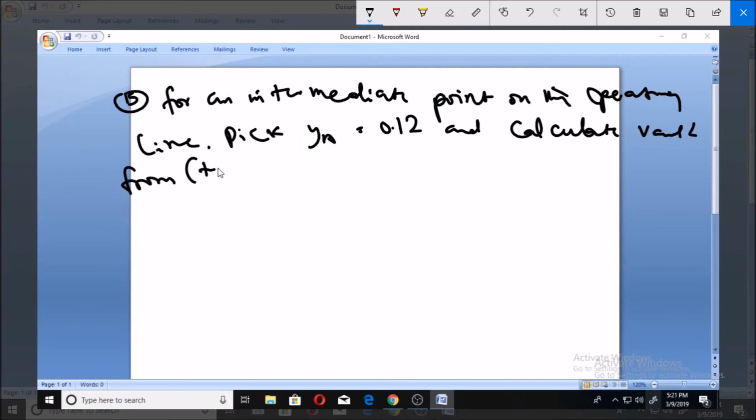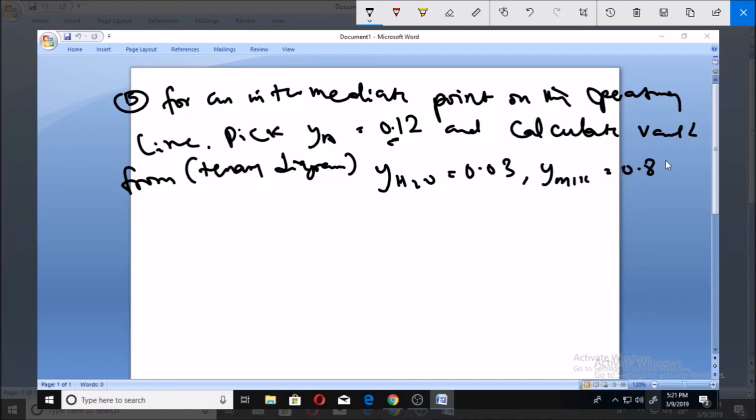From the ternary diagram, the Y for H2O at this YA of 0.12 will be 0.03, and the Y of MIK will be 0.85. So this will help you plot the intermediate line. Then the 16th step that we should take is the MIK percentage.